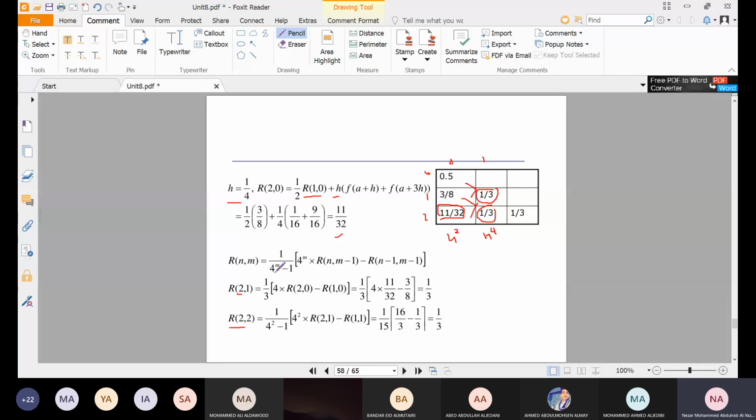So you have 1 over 4 squared minus 1, times 4 squared multiplied by R21 minus R11. This is R11 here, and R21 is this one. We use these two to get a new estimation with order 6. So we can use these algorithms to enhance the accuracy.